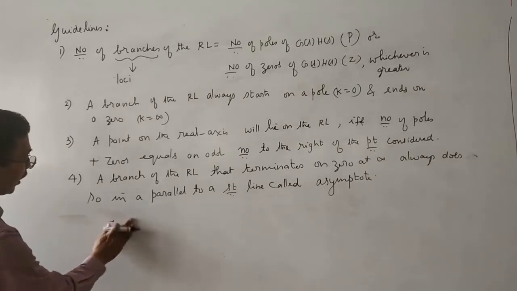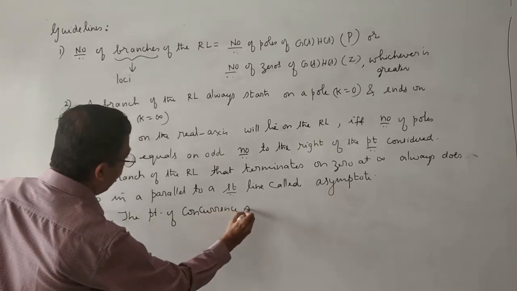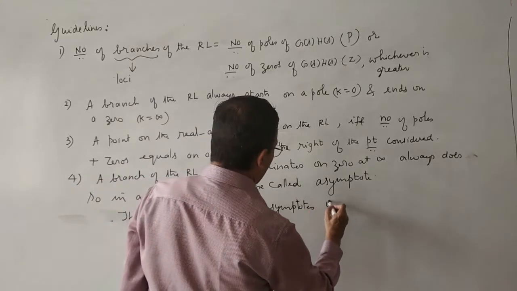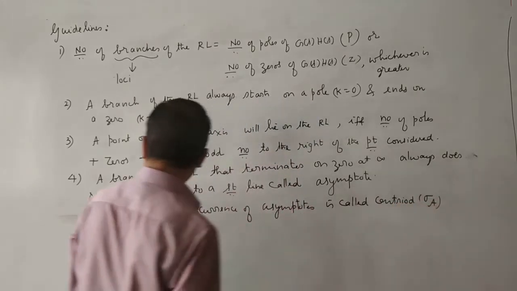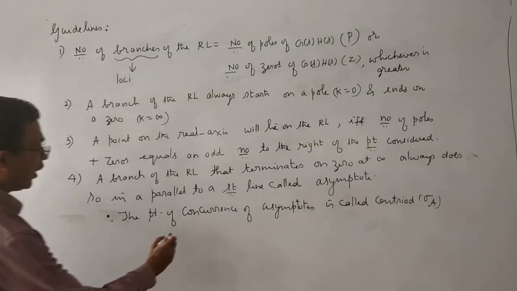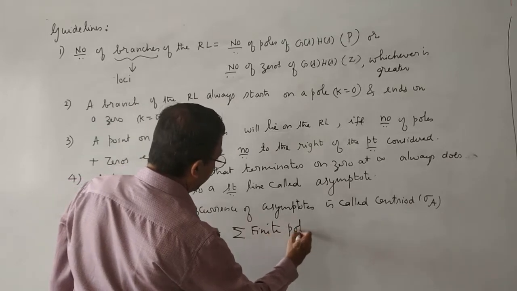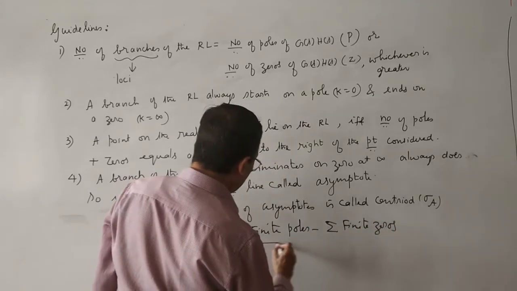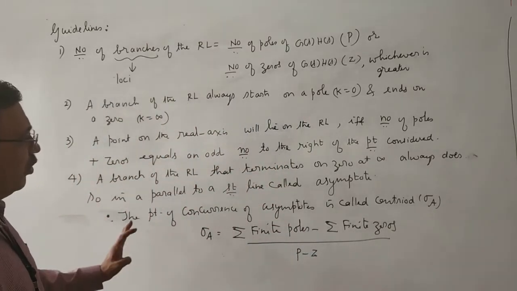The point of concurrence means meeting. The point of concurrence of asymptotes is called the centroid, and has the symbol sigma A. Sigma A is calculated with the formula: sigma A equals summation of finite poles minus summation of finite zeros, divided by P minus Z, where P is the number of finite poles and Z is the number of finite zeros.